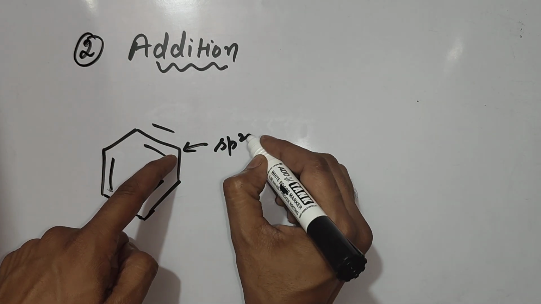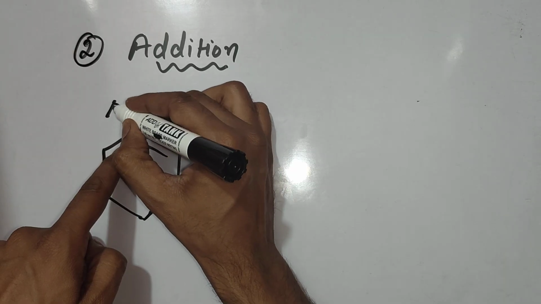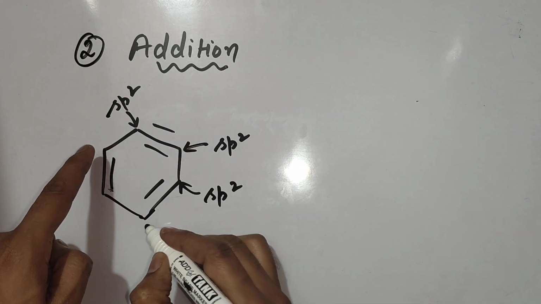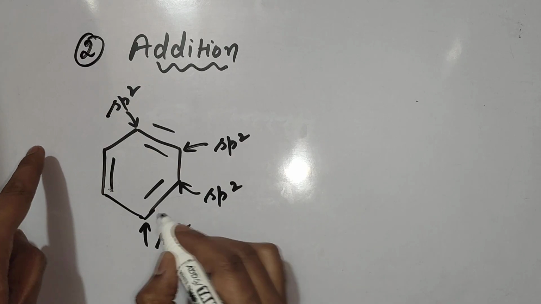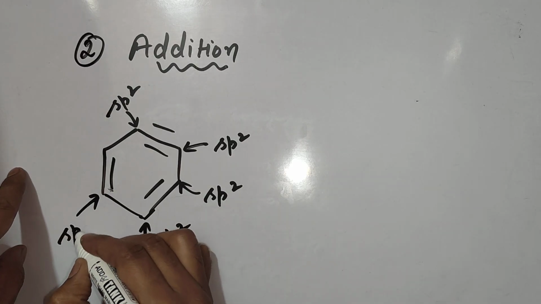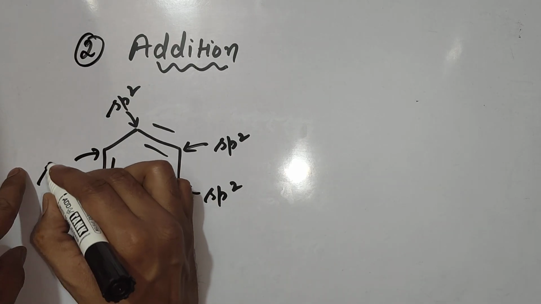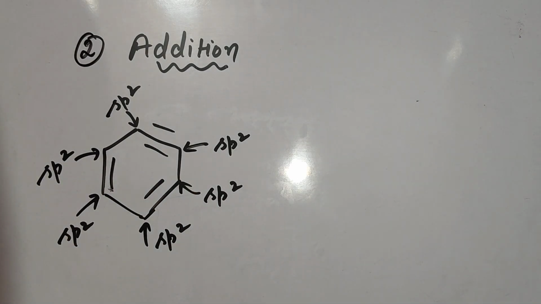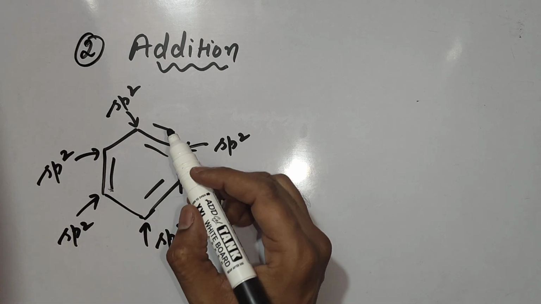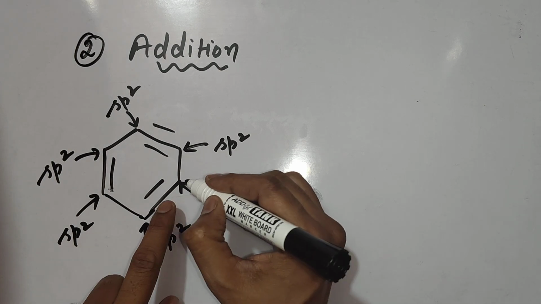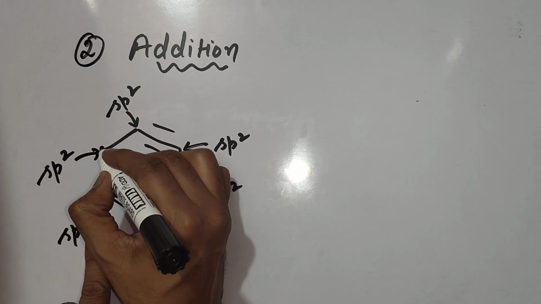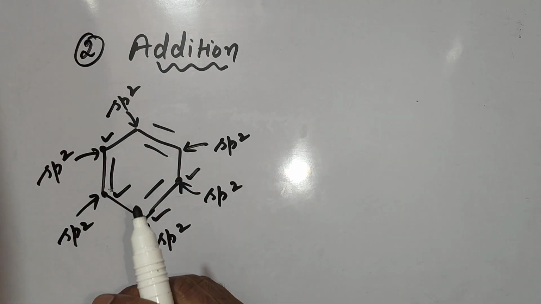These all 6 carbons are sp2 hybridized. Okay, sp2 hybridized, these carbons, this carbon, this carbon, this carbon, and this carbon, they all are normal carbons.